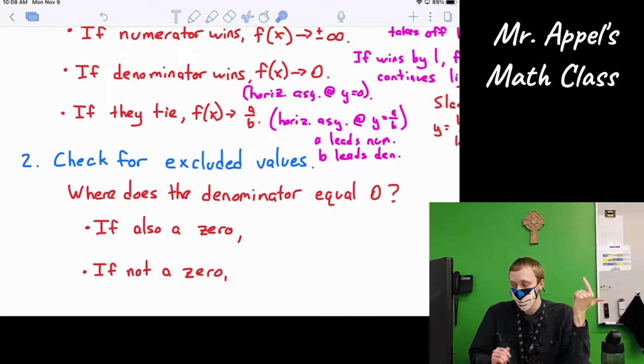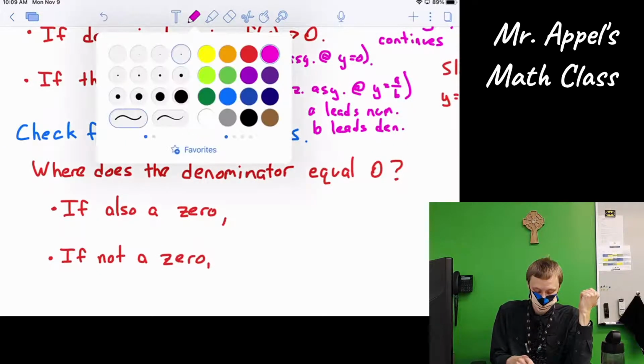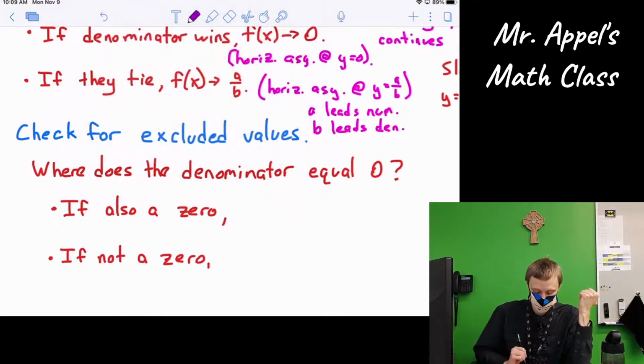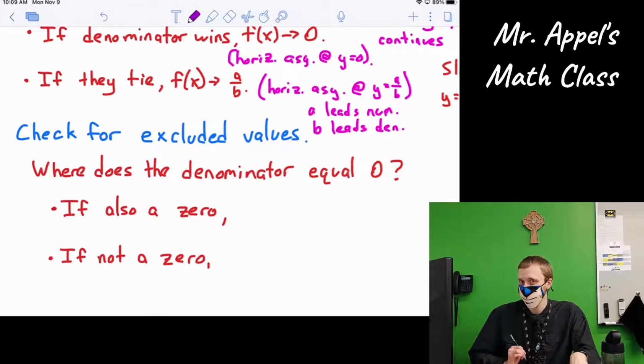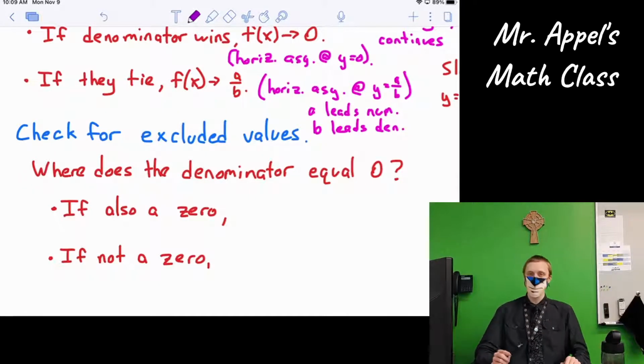What's the other option there? Well, I gave it away with the other name. Instead of a non-removable discontinuity, it would be a what? Removable one. Removable discontinuity. Very good.